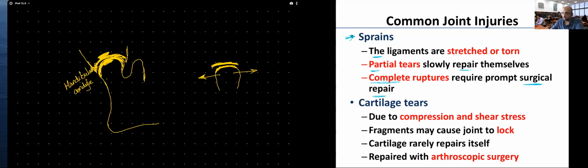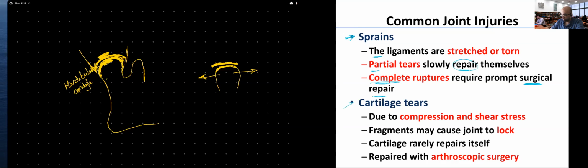So again, if I have a partial tear of a ligament, it can repair itself slowly. But if a person had a complete rupture of a ligament, this requires surgical intervention and surgical repair of this ligament.